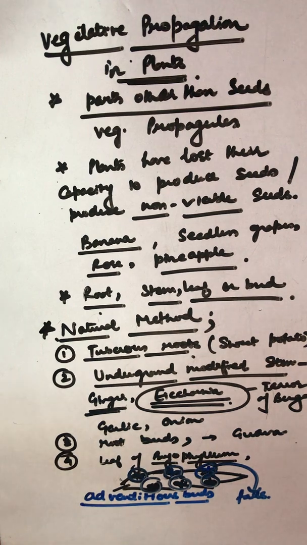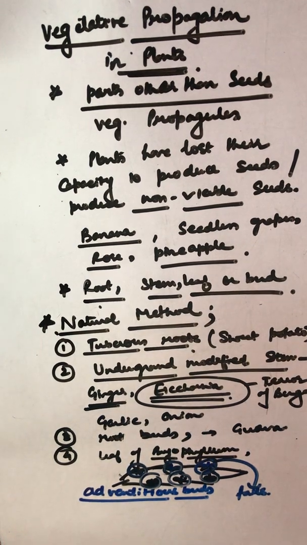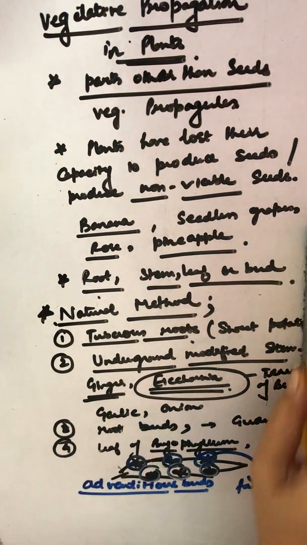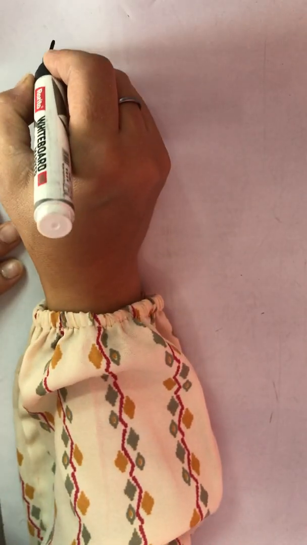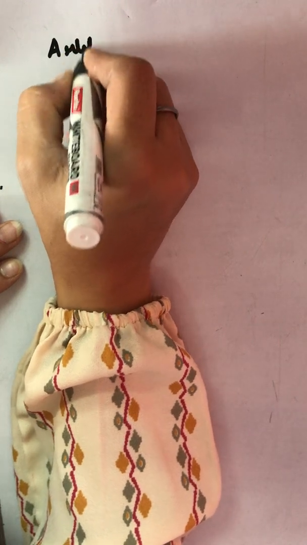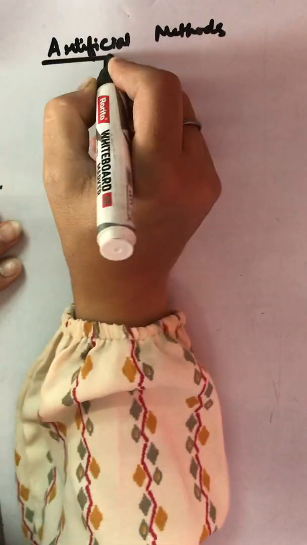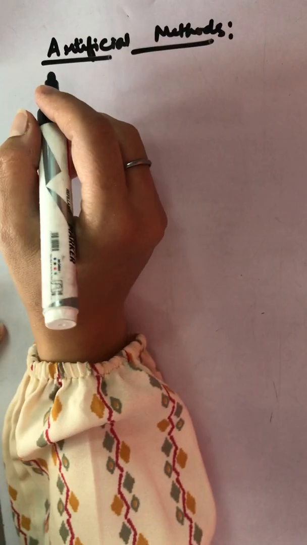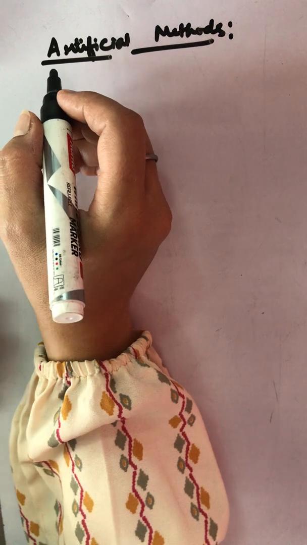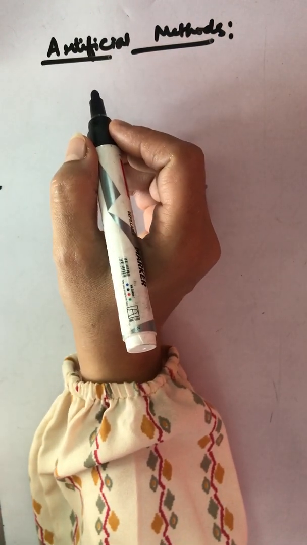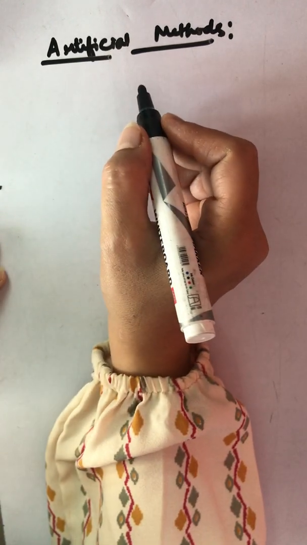Then moving to the artificial methods of vegetative propagation. In artificial methods, first of all, these are man-made, we have to keep in mind, and developed by plant growers and horticulturists for commercial propagation.